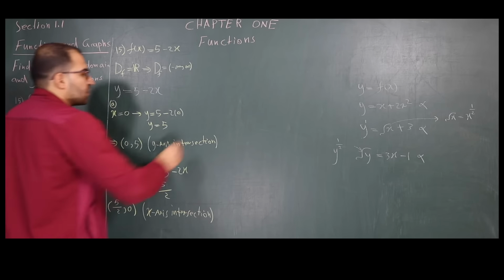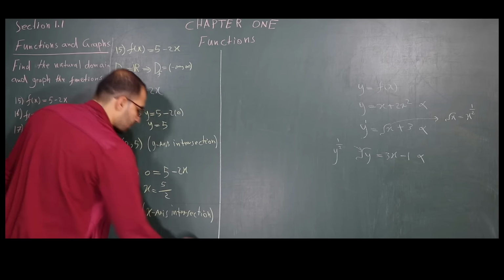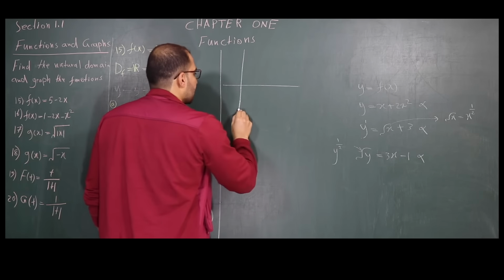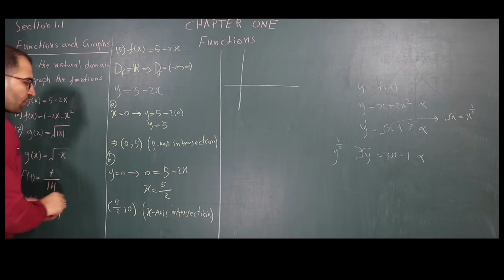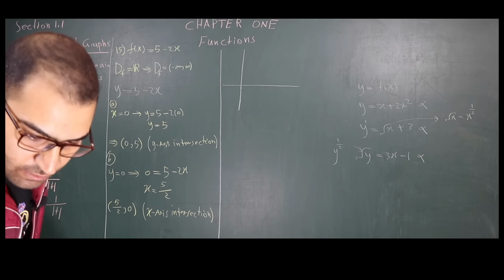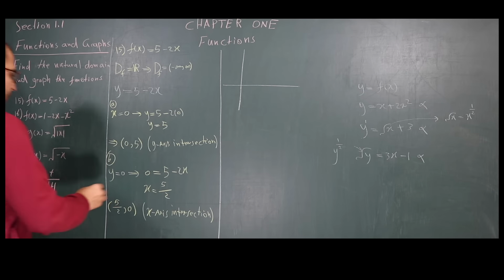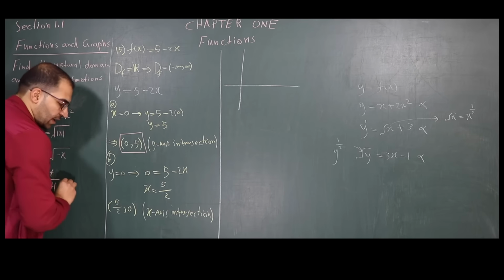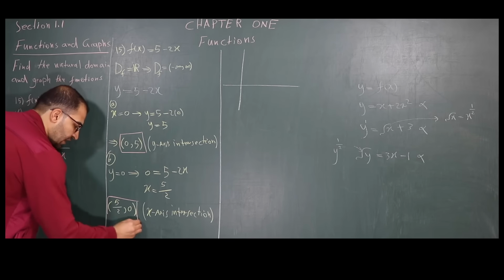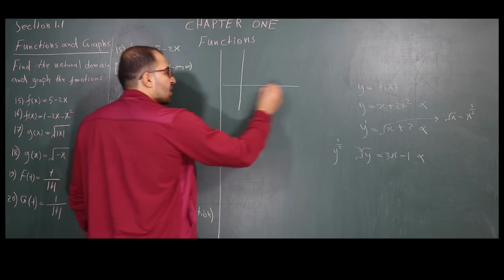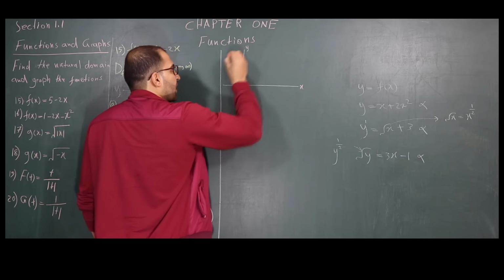And to graph this function, we need to draw the x and y axes, and just plot these 2 points. I'm going to choose another color to make things clear. I'm going to choose this point and graph it, and then choose this point and graph it. So this is the y intersection, because this is the x-axis, this is the y-axis.